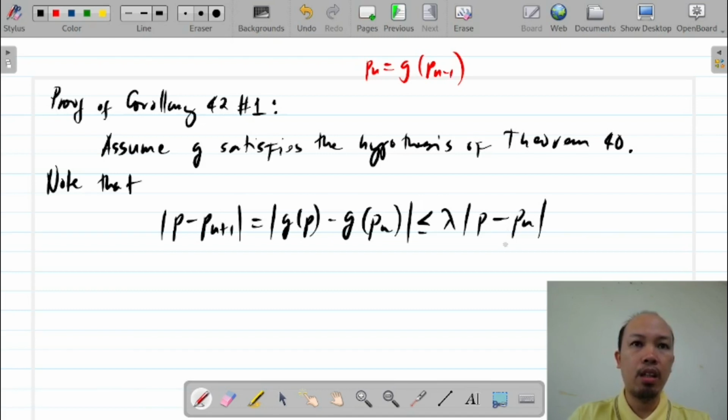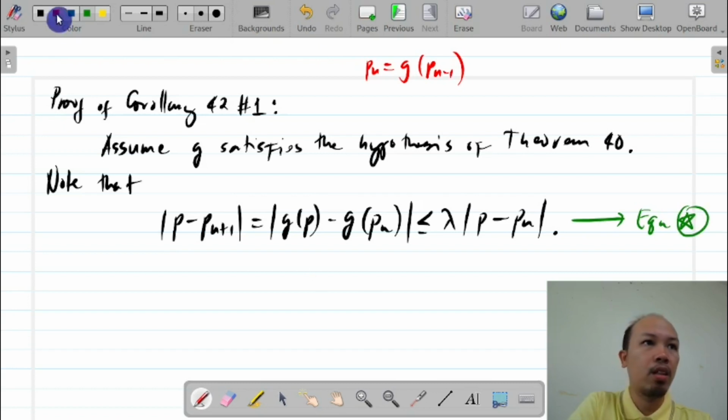Okay, and let's denote this result as equation star. Okay, equation star. And let's erase this.